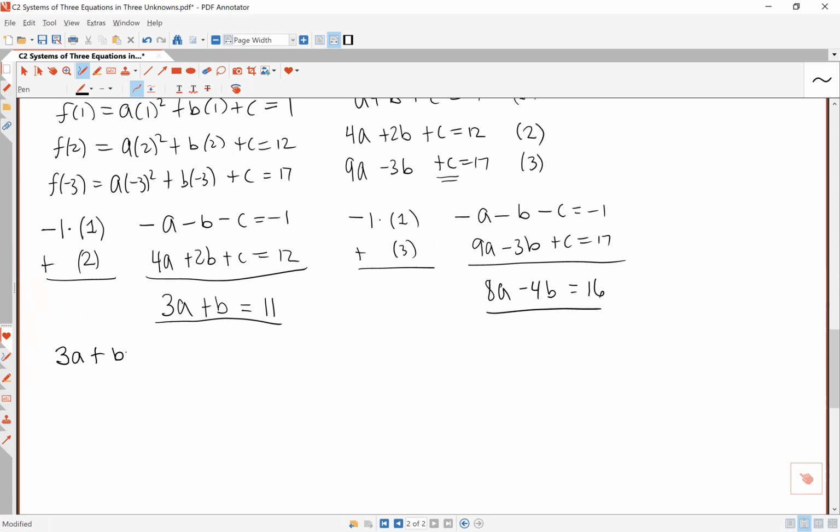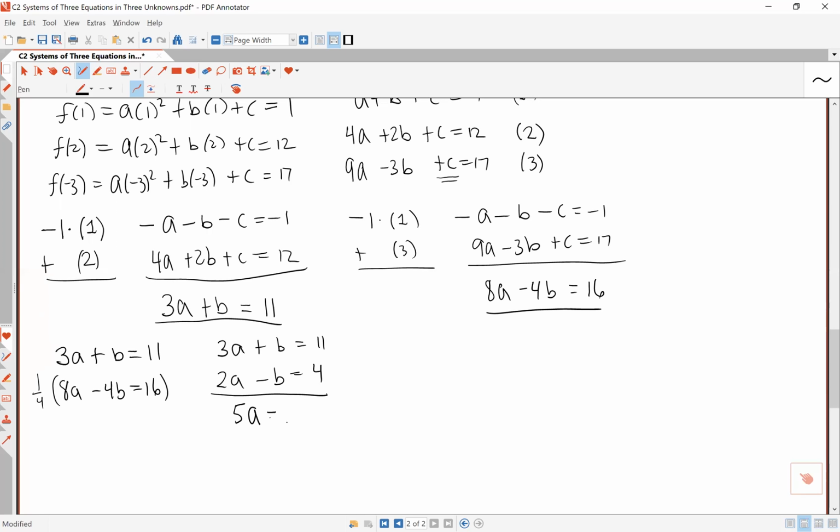3a plus b equals 11, and 8a minus 4b equals 16. That second equation has terms that are all divisible by 4. So let's divide them all by 4, and then we'll get 2a minus b equals 4. Now that's solved pretty easily by adding the two equations together.